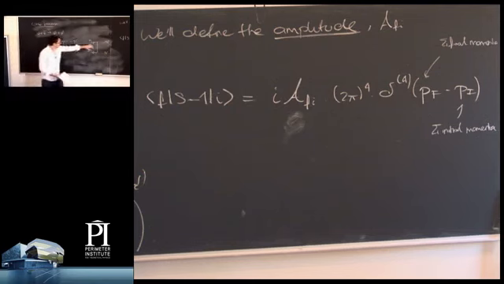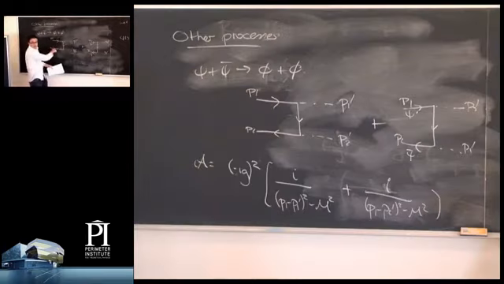Two diagrams. These are the mesons, these are the nucleons. This is the nucleon, this is the anti-nucleon, which you can tell because the arrows are going the opposite way. So this is psi and this is psi bar in both of these. So what's the amplitude for this? Well, we just use the Feynman rules. There are two vertices, so it goes as g squared.